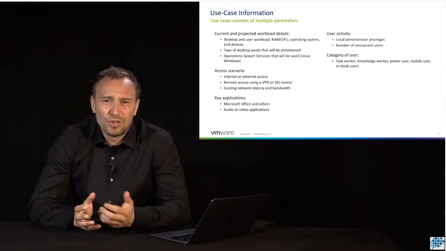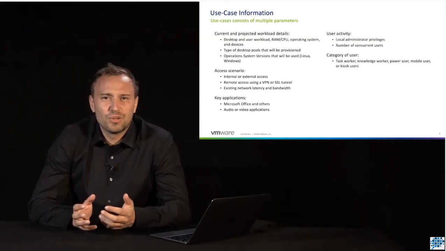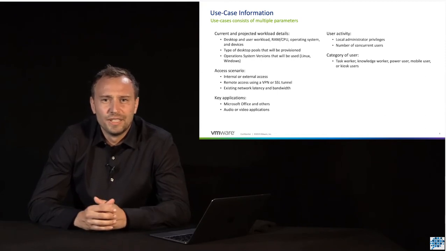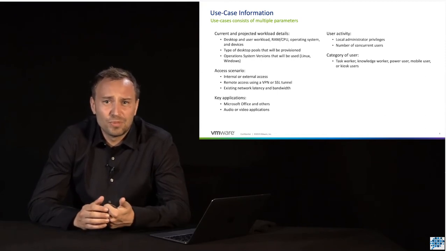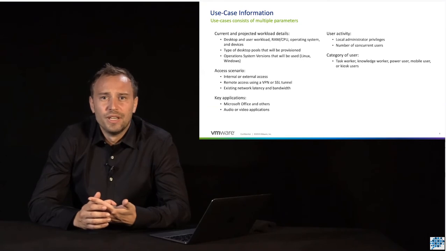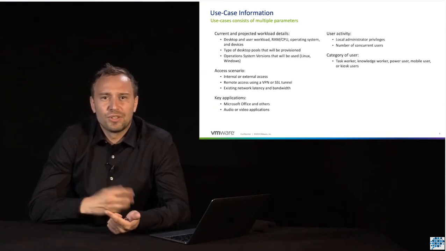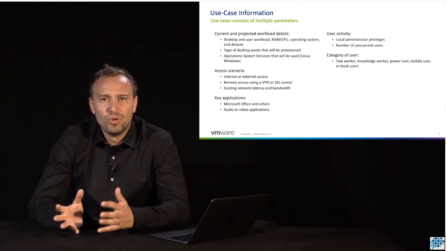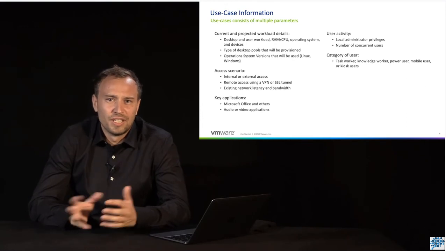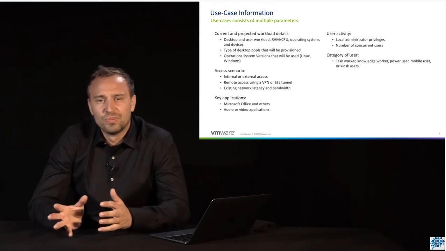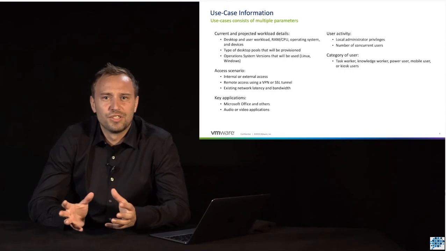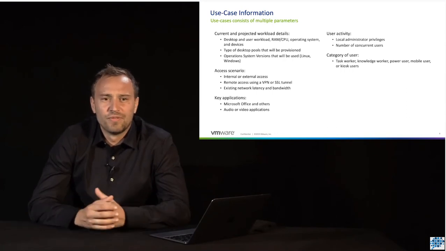And we also need to add the information what kind of desktop pools from the Horizon world we need. Should they be dedicated desktops, or floating desktops where we extract a desktop from a pool of resources every time a user logs in, give it to the user, and drop it back to the pool once the user has finished working in his environment?